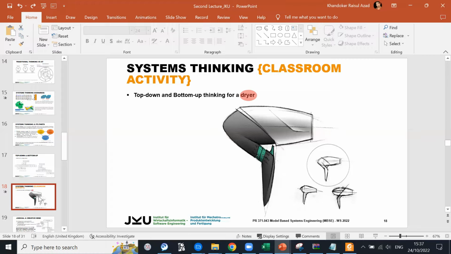So first of all, if we try to think from the top-down approach, we need some sort of materials, and that includes the structure.